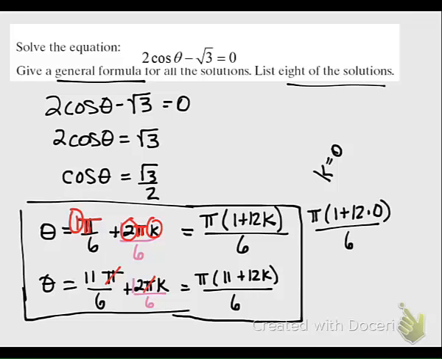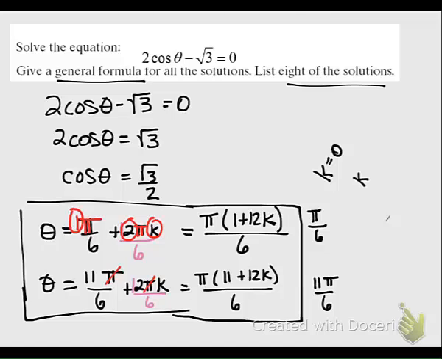The first one becomes 1 plus 12 times 0 over 6. So just 1 over 6. So the first one's pi over 6. And if you plug in 0 in the second one, 11 pi over 6.